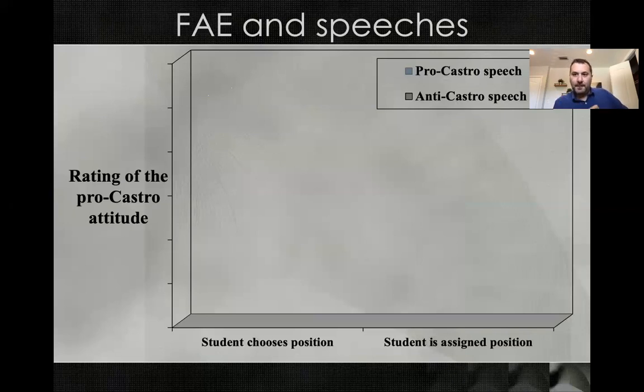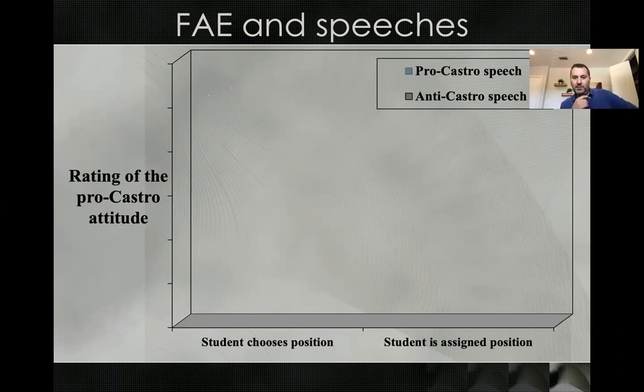So in the study, participants were told that they were going to be watching a video of someone who is giving a speech about Fidel Castro. And the speech that they're shown is of a person giving either a pro-Fidel Castro speech or an anti-Fidel Castro speech. Now, the participants are told one of two things.